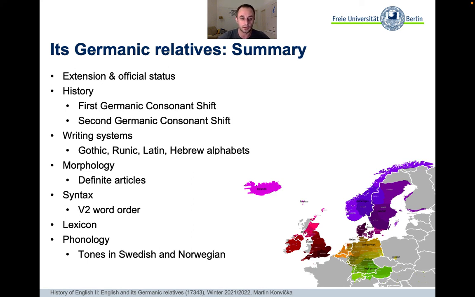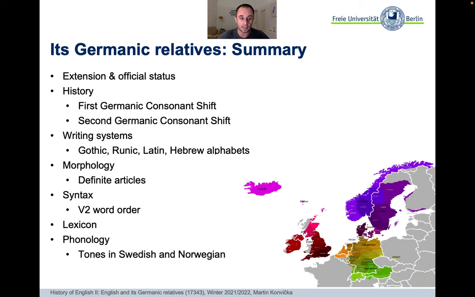But some of the important things that are interesting are, for example, historically speaking, the first and second consonant shift, then the different writing systems used to write down the languages. Then one of the morphological features are definite articles, right? And the distinction between definite articles as standalone prenominal words or as suffixes attached to the nouns.